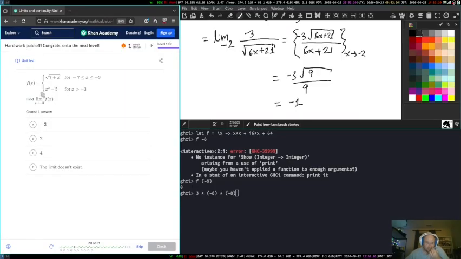Oh, it's just plugging the values in. So 7 plus minus 3, so that's 2. Minus 3 squared is 9. Minus 5, no.